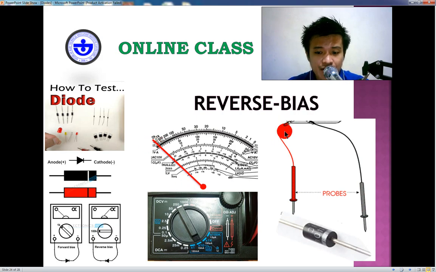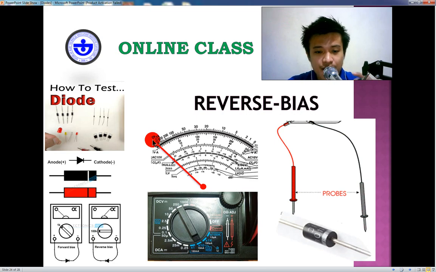Upon connecting your test probes as in this illustration, the red test probe now will be connected to the anode, and the black test probe to the cathode. If your diode is in good condition, then your needle pointer will not move at all. It will just stay on the infinity side.